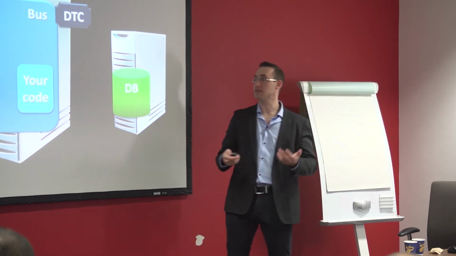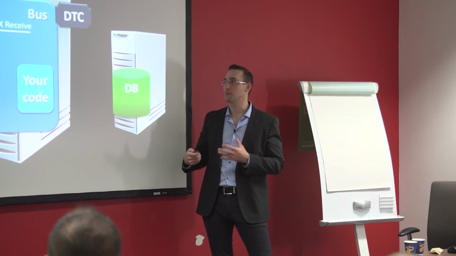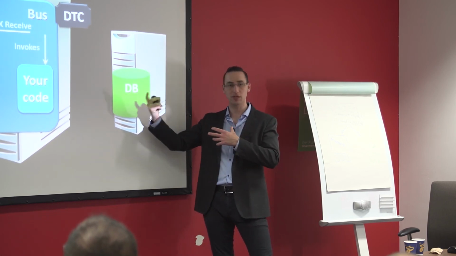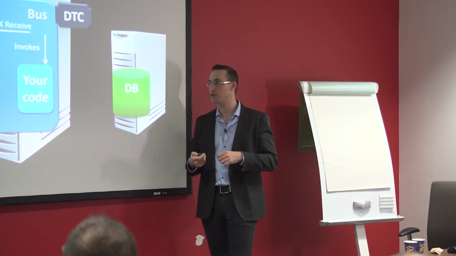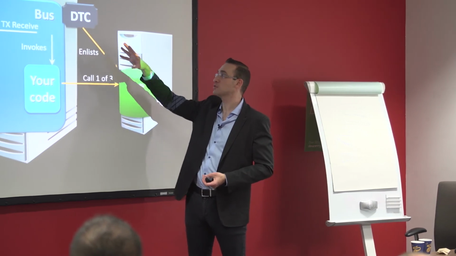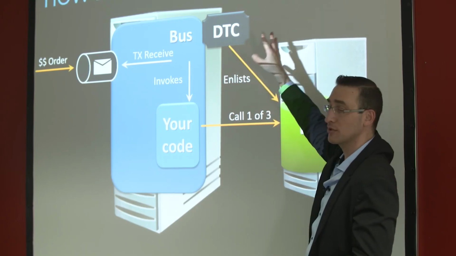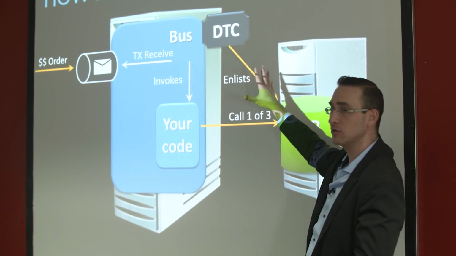Assuming that that is successful, then everything else kicks into motion of pulling the message off of the queue, invoking your custom message handling logic, which then goes and talks to the database. There needs to be some sort of transaction mechanism here. I'm using the term DTC, the Distributed Transaction Coordinator, a little bit loosely.